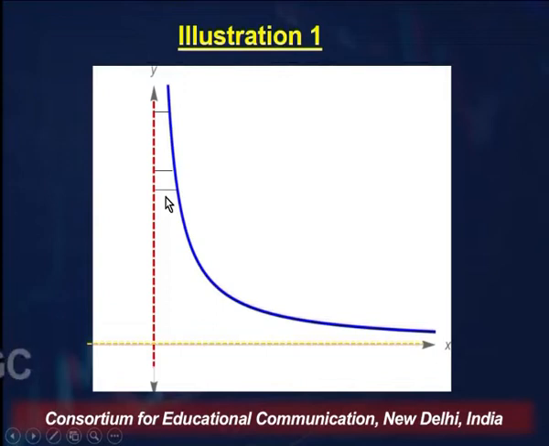Now, if you want to be precise, you can think of this distance as the perpendicular that you drop from the blue curve onto the red line. And you can see that these perpendiculars become shorter and shorter. So, in this sense, we say that the y-axis qualifies as an asymptote. So do you see how we've applied the definition?